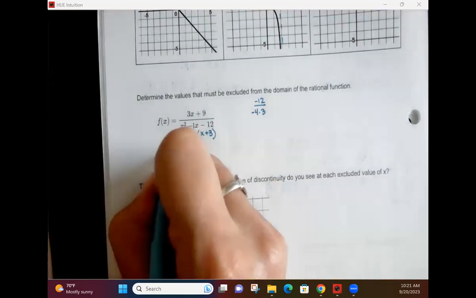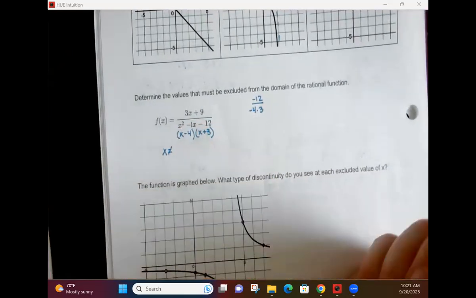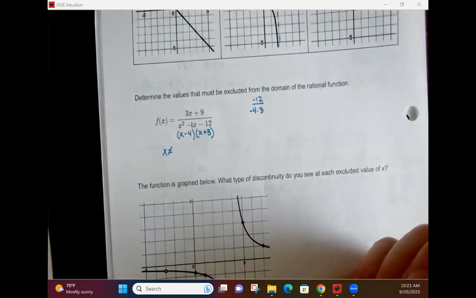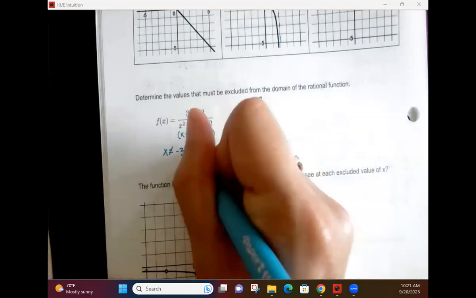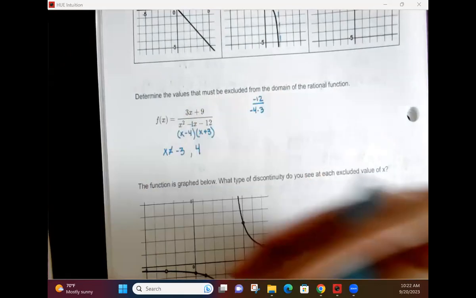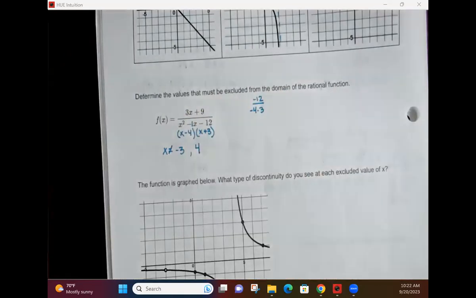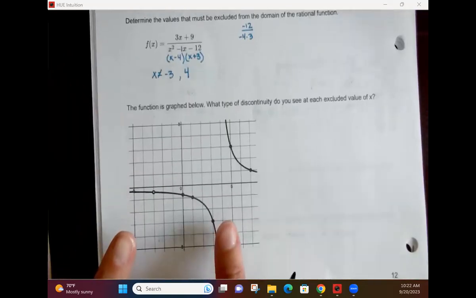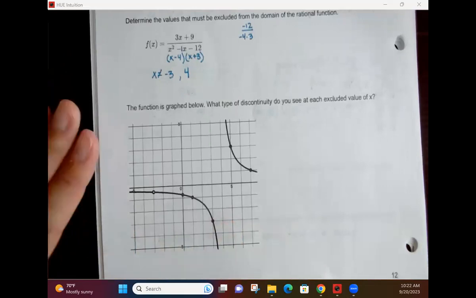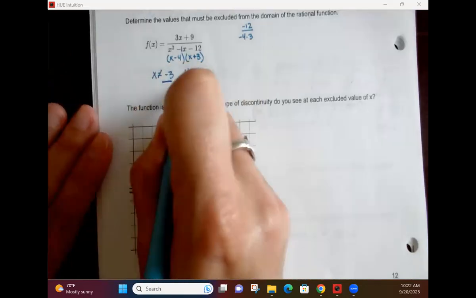So what values do I need to exclude from the domain? What values can I not have in the domain? I cannot use these for x. Go ahead. -3 and +4. This is the graph of that function. So we said we had excluded values at -3 and at 4.